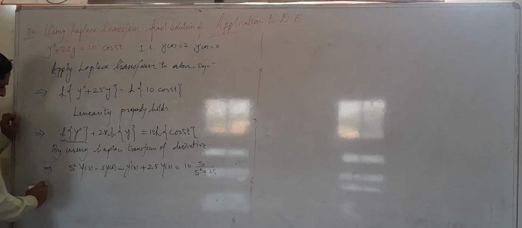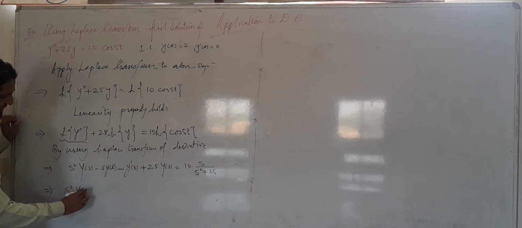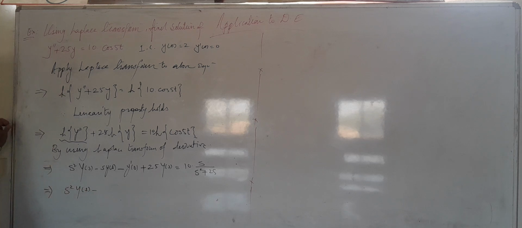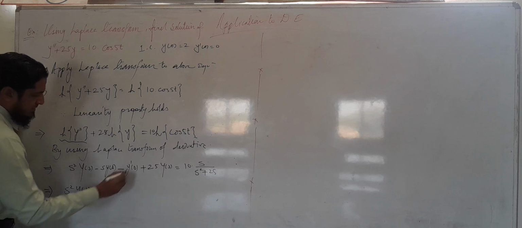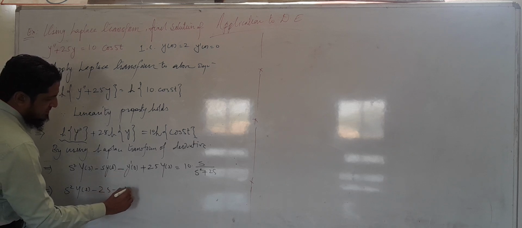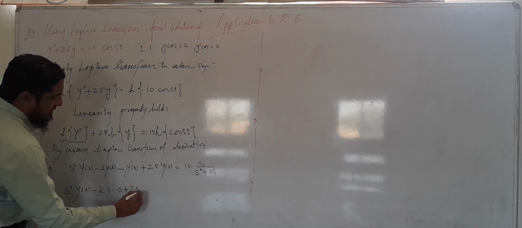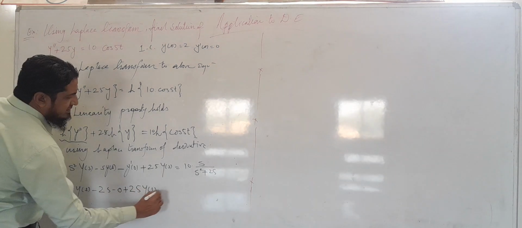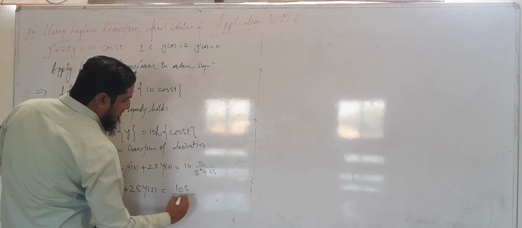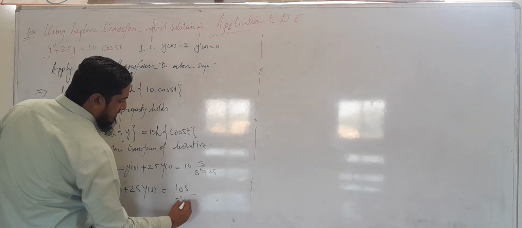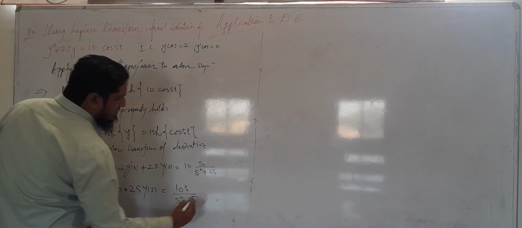Then this equation reduces to s square Y of s minus 2s minus 0 plus 25 Y of s equals 10s upon s square plus 25.